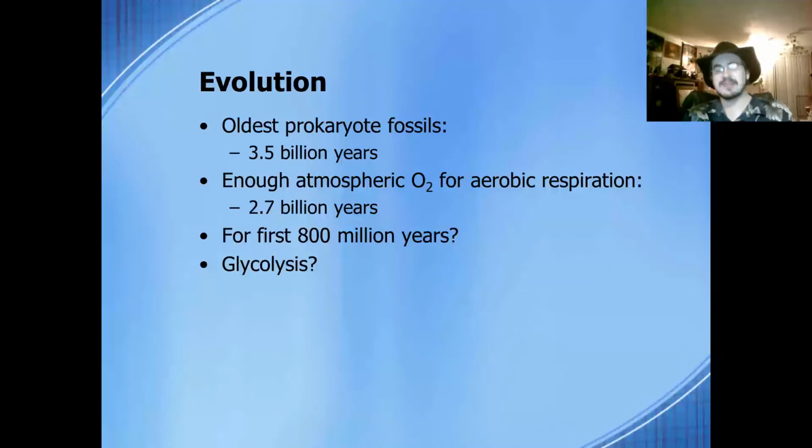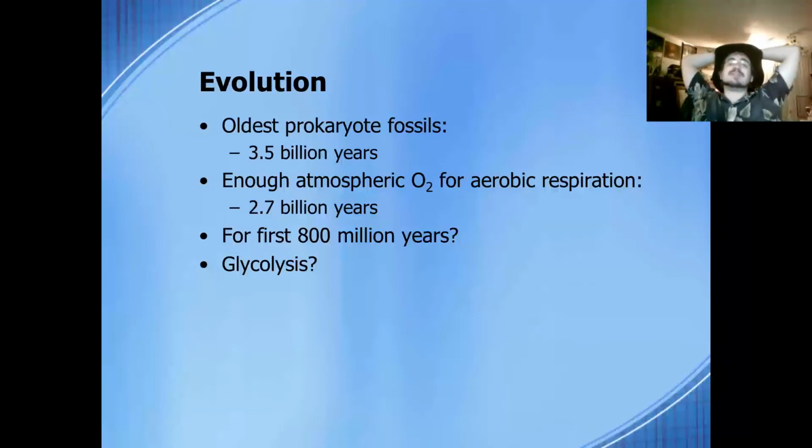Glycolysis. It is thought that glycolysis was the very first form of energy production seen in the biological world, in any kind of cell. And this is a pretty safe assumption because if it's alive, it's undergoing glycolysis, except for the viruses, but nobody likes them, so we're leaving them alone. So if it's alive, it's undergoing glycolysis.